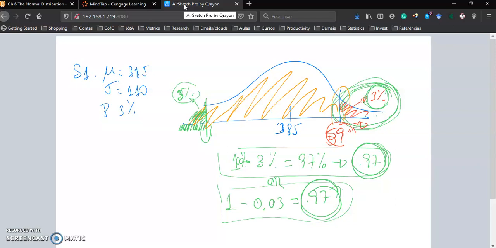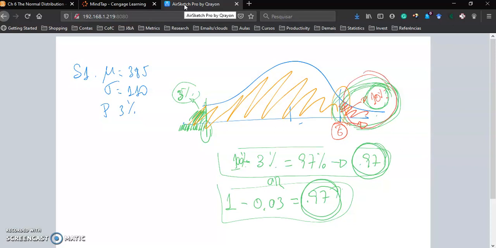If I want to know what is the z-score that gives me 0.10 in the upper tail, now I have 10% in the upper tail. So what is the z-score here that gives me 10% in the upper tail?